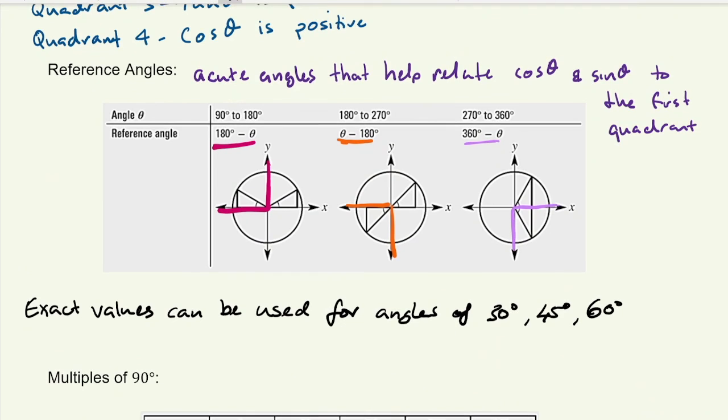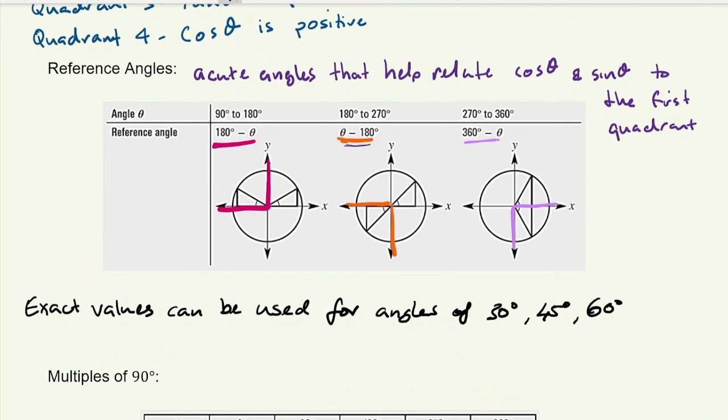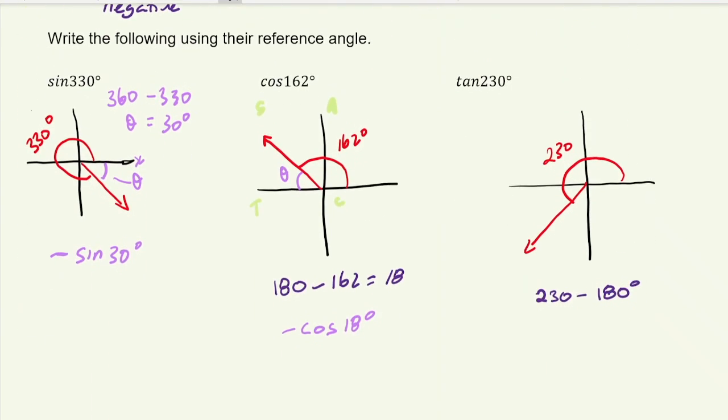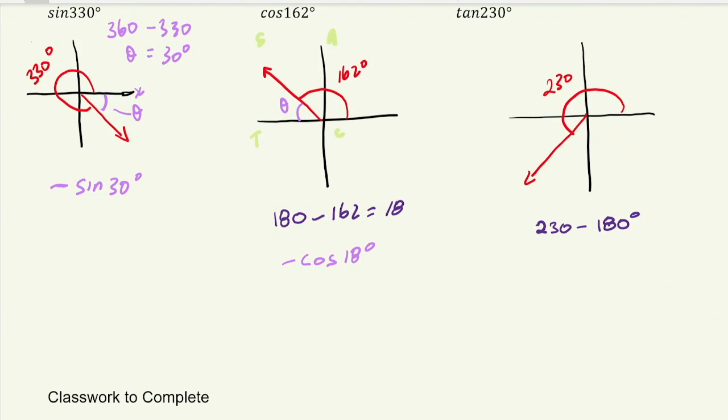If you looked up here, that's where we're at for this one. So we want 230 minus 180. That is going to give us 50. So our little reference angle in here is going to be 50. And because it is in the T section of our quadrant where tan is positive, we're actually going to have tan of 50. It's going to be a positive ratio.